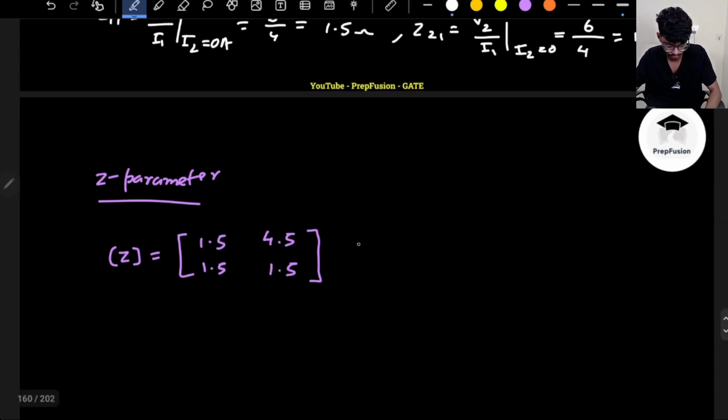So this will be what? My Z12 is equal to Z21. That means my network is reciprocal.